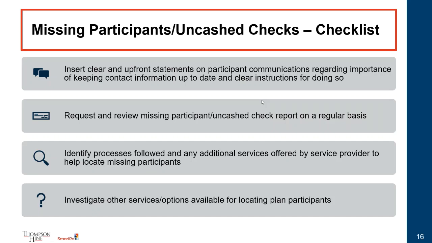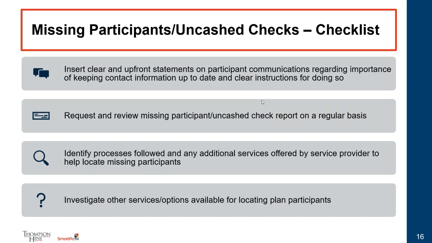The third item is to identify processes that are already being followed by the record keeper, plan service provider, to locate missing participants. By now, many record keepers have developed a process that they follow whenever mail is returned.